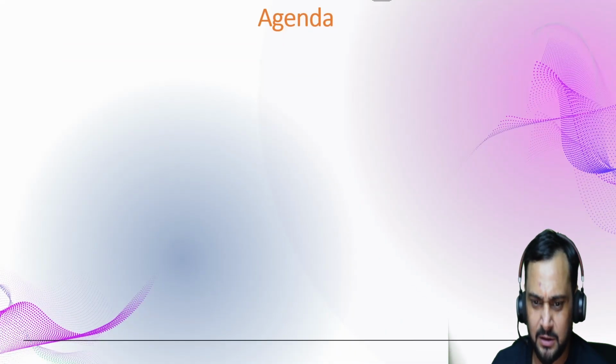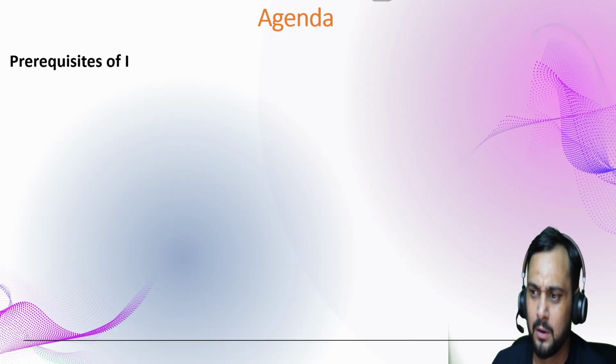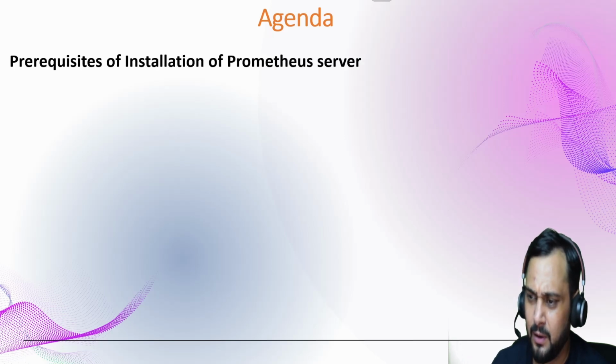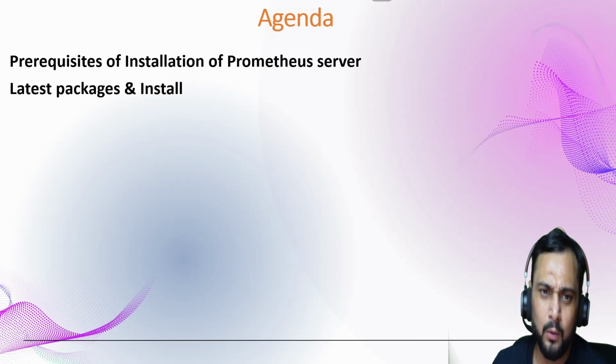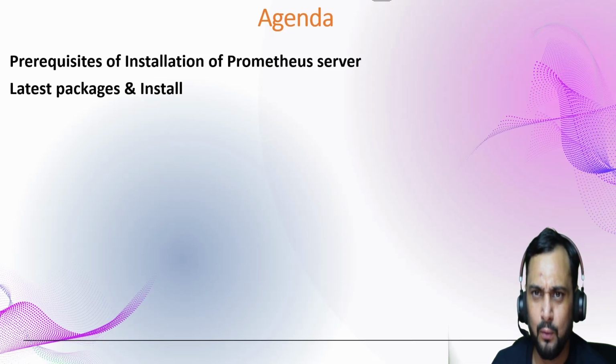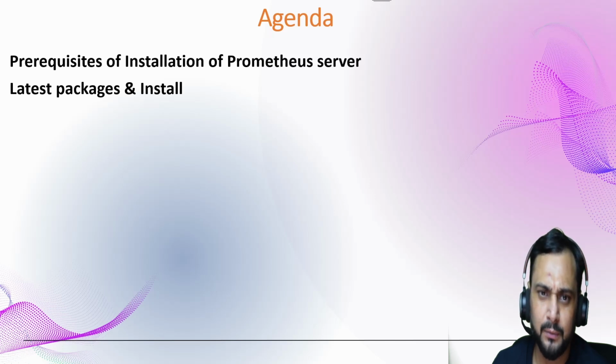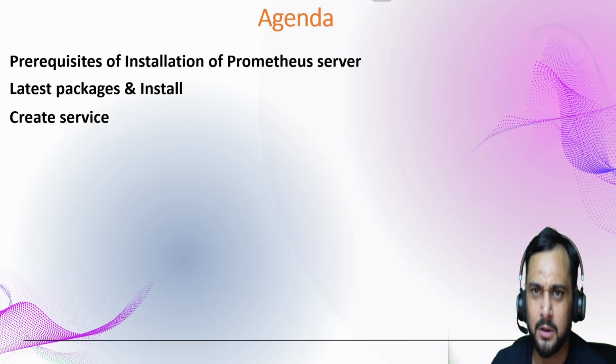So let's start with the agenda of this lesson. First, we will try to understand the prerequisites of installation of Prometheus server. After that, we will talk about the latest packages, where we can get them, and how we can install the Prometheus server. After that, we will try to create the services as per the security reasons.